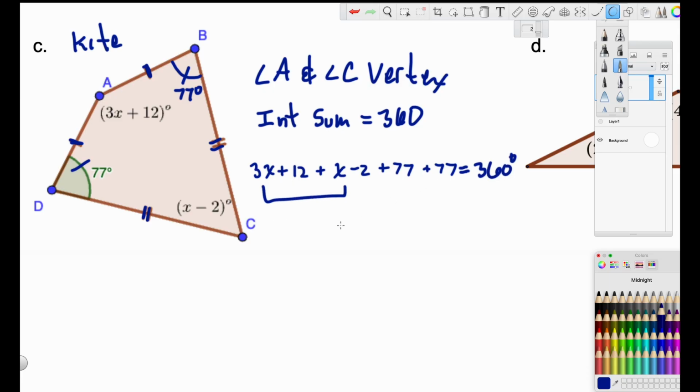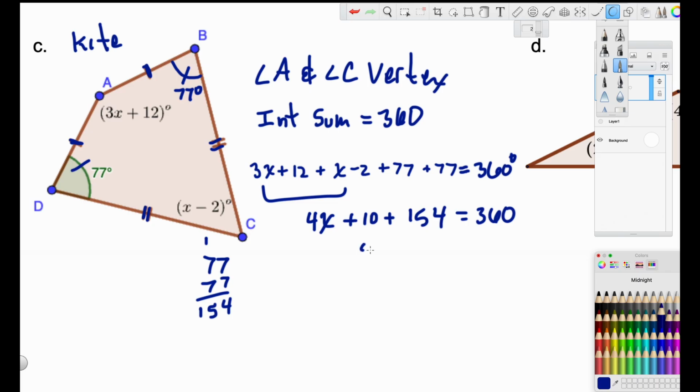Okay, 3x and x is 4x. 12 minus 2 is 10. Plus 77 and 77 is 154. Okay, equals 360. So 4x plus 164 is 360.